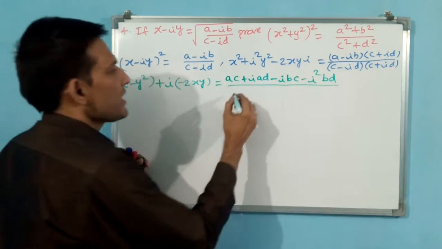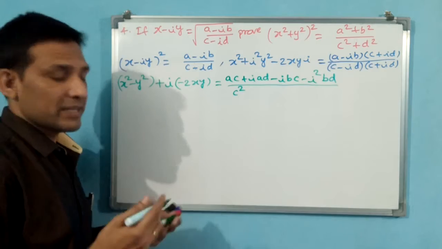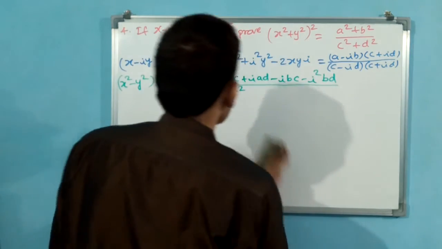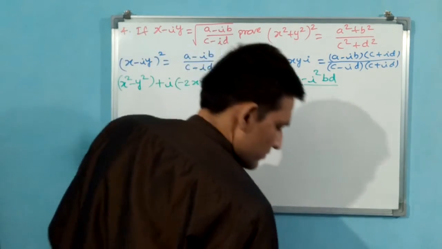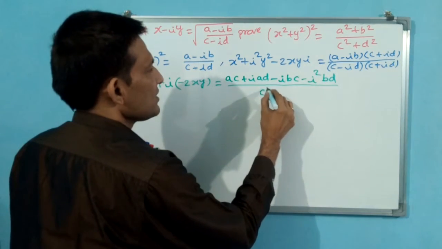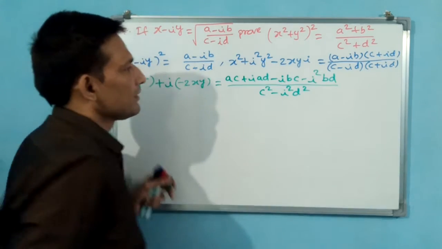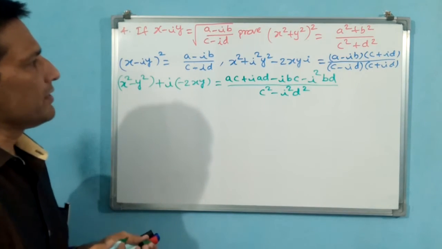Also you see c square, because c into c. We have made this for rationalization only: (a plus b) into (a minus b) is a square minus b square. So a square minus b square means c square minus i square d square. That's all. Okay?